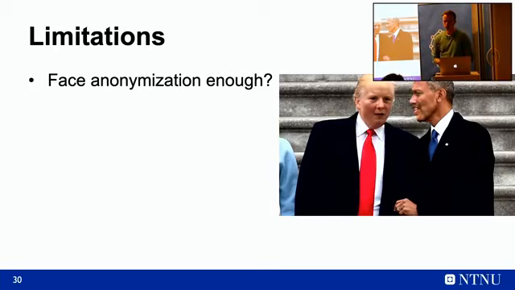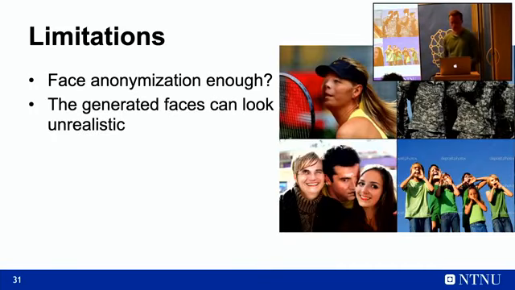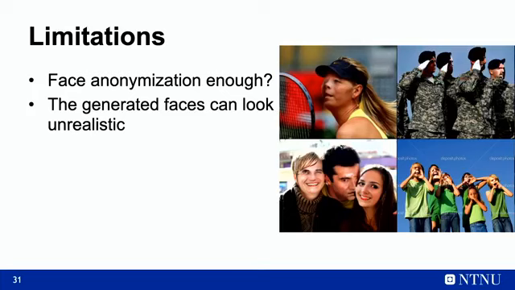If you didn't see it, it's Trump and Obama. There are definitely other parts of the body that can identify you. Some of the faces are really not looking too realistic, and this is why I'm doing a PhD on it. It's not a master project that is possible to solve in 1 year.